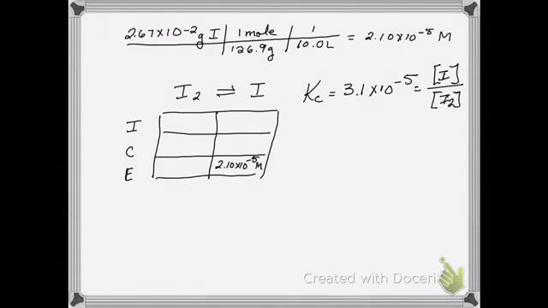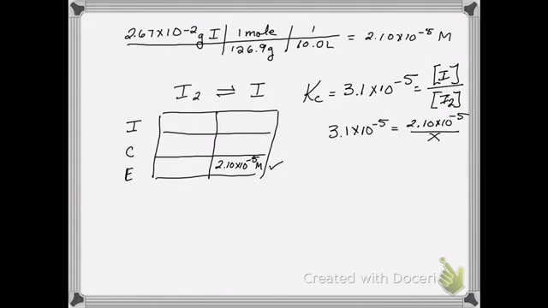And luckily, we have one of those. We have I. So I can go like this. 3.1 times 10 to the negative 5 is equal to 2.10 times 10 to the negative 5 over x. Now keep in mind they gave you K sub C, and sub C means that that is concentration or molarity.